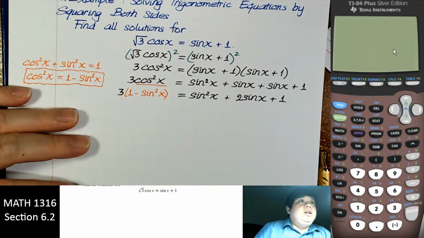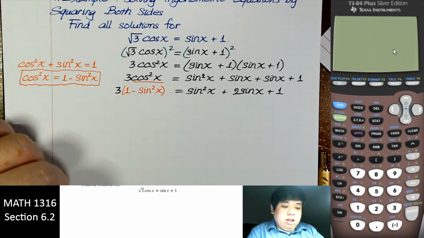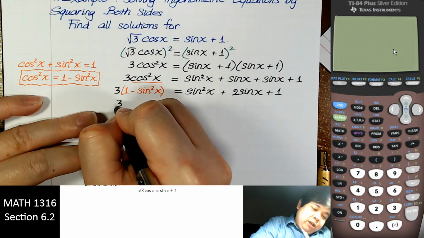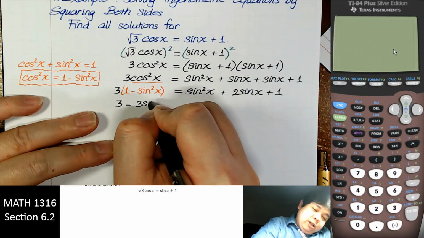That is the reason we square both sides, so we can have this identity to use. I multiply now, 3 minus 3 sine square.